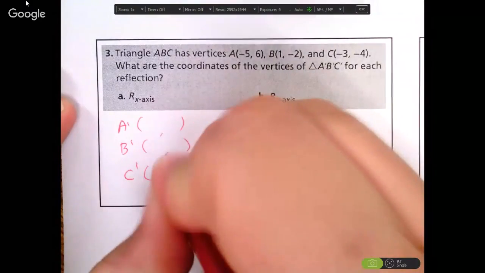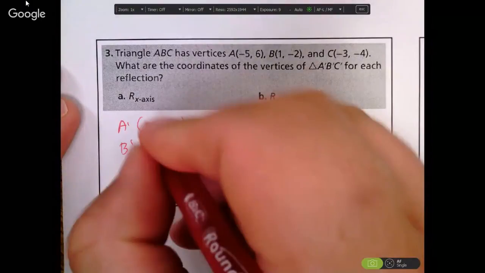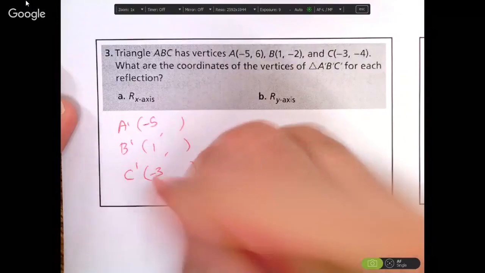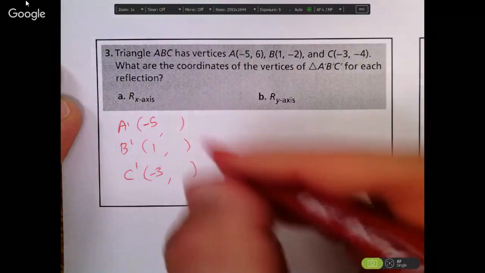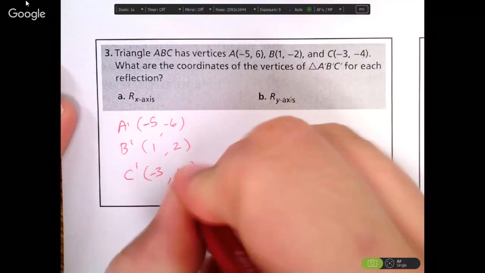Desmos kind of helps us out here because we learned that if you reflect across the x-axis, the y is opposite. So I'm going to start with the x because the x doesn't change. So that was easy. And the y is opposite. So I think it's -6, +2, +4.